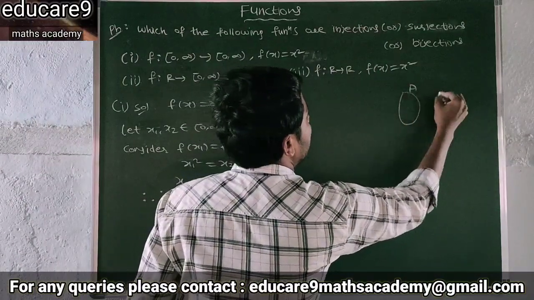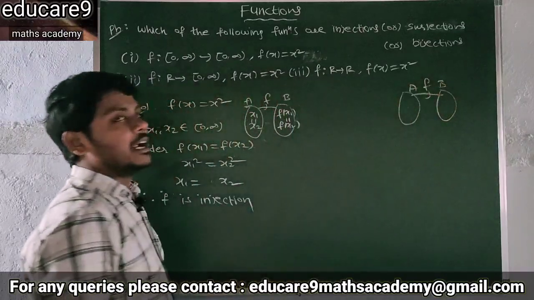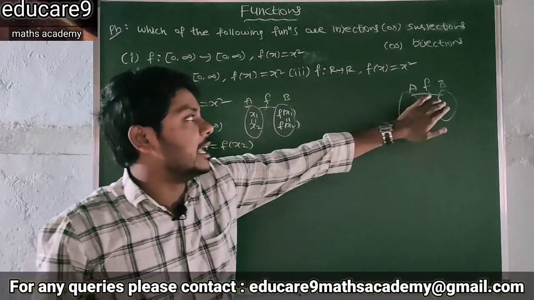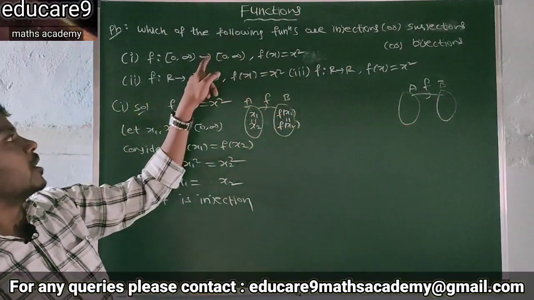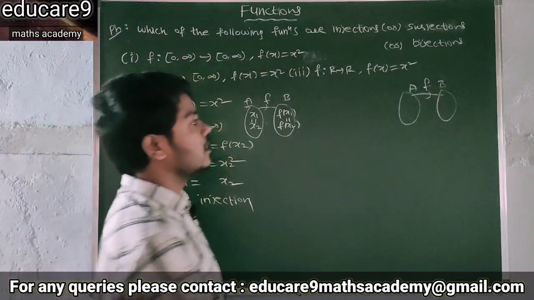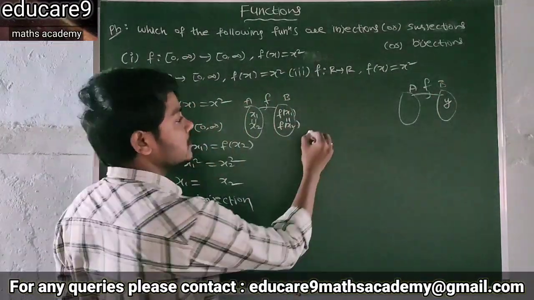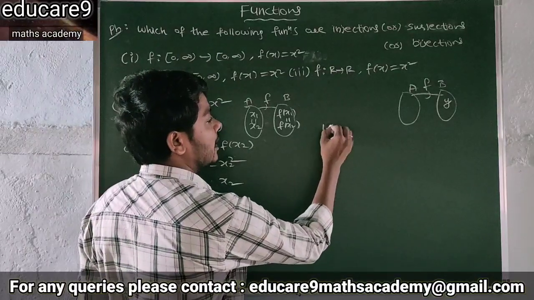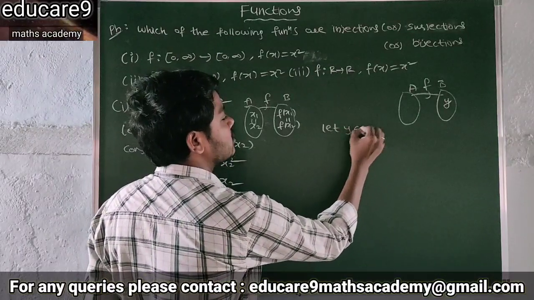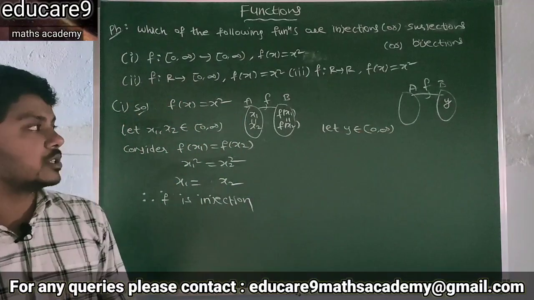Next, for onto function. So here this is A and this is B. So relation is f. For onto function, consider any element in codomain. So what is codomain? 0 to infinity. This is B, this is A. So let y belong to B, the closed interval 0 to infinity, meaning y values are positive.